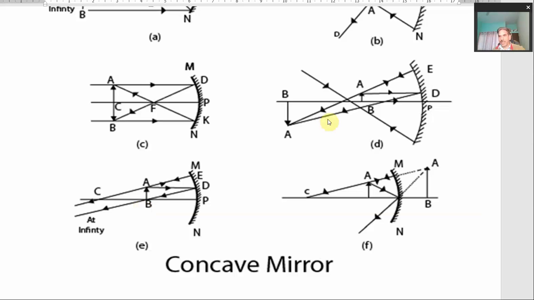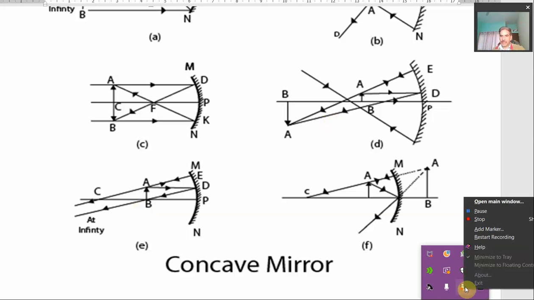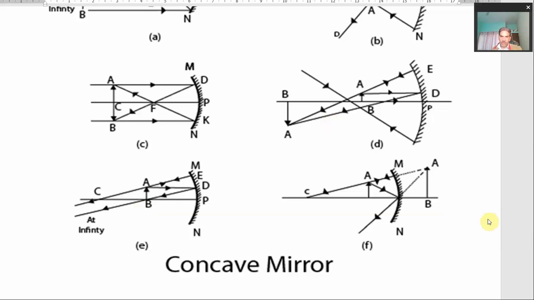And whenever the object is brought even closer than C and F, okay, meaning the object is now placed at F. So whenever the object is placed at F, in order to find the image in this case, we draw the same two light rays, one parallel to the principal axis which passes through the focus itself, and the other one through the center of curvature which gets reflected back along its own direction.